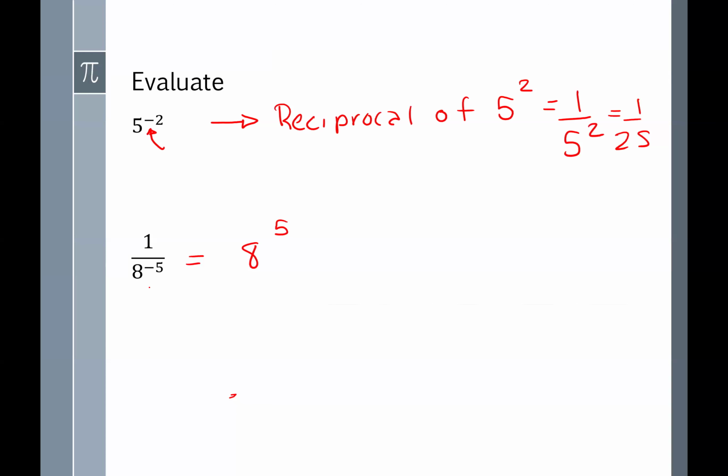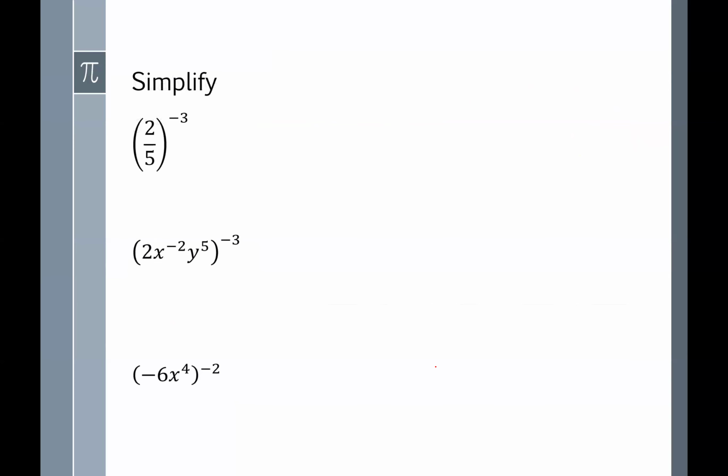It means reciprocal. So you're going to take the reciprocal of the value raised to the positive power. You're just going to flip it over. And I end up with 8 to the 5th? I don't have any idea what that is. Don't care. Okay, so if I raise a fraction to a negative power, you could, by the laws of exponents, do this and then flip it over.